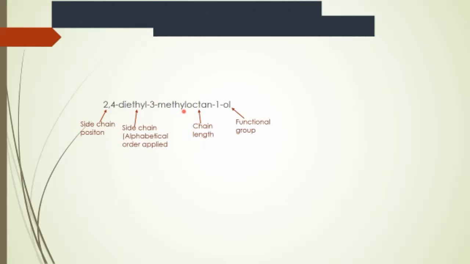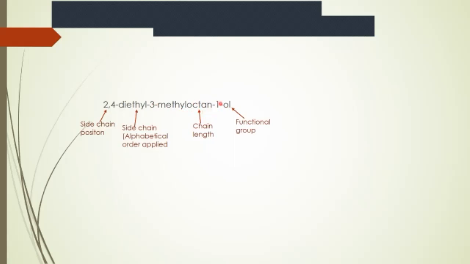And you go on like that, okay? Then we get to the actual name, but the suffix of the name must come last. In between the suffix and your prefix, like your oct, your eth, your prop, your but, and all those things.